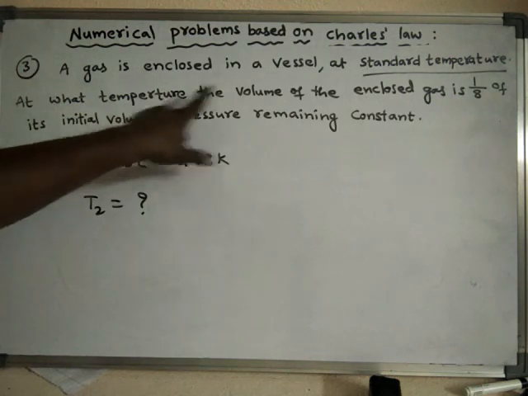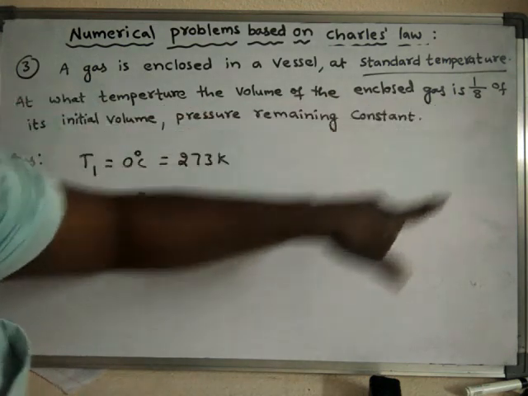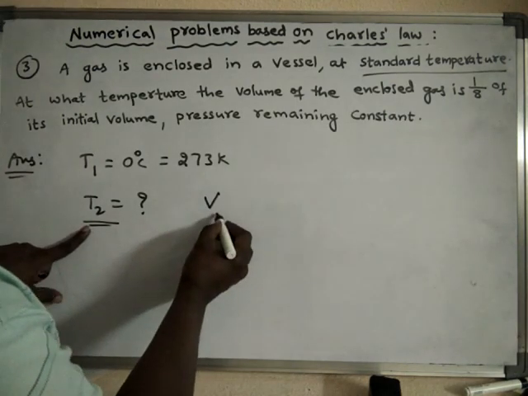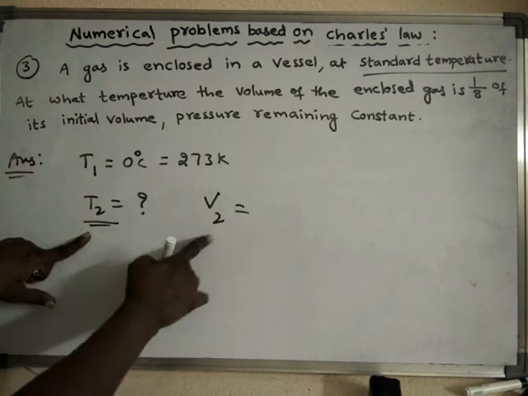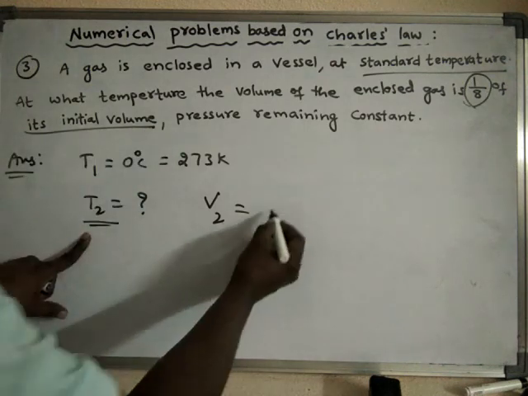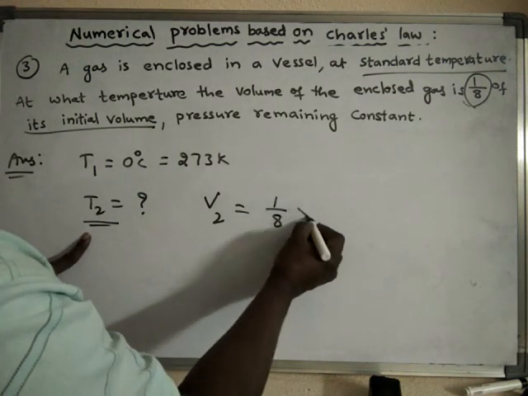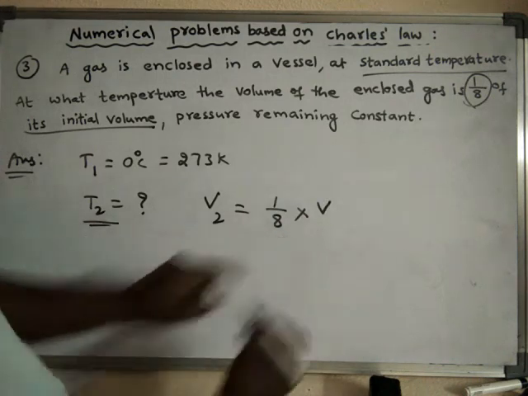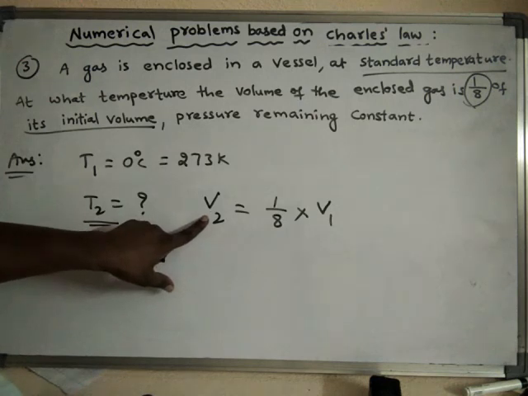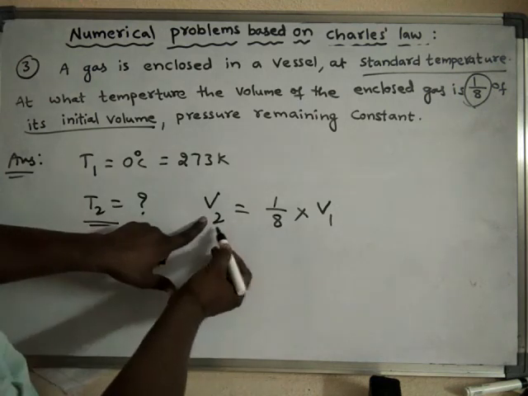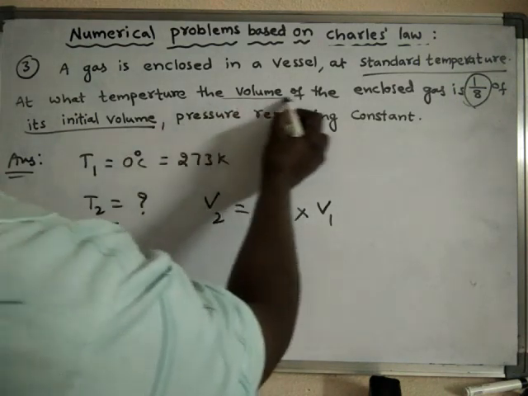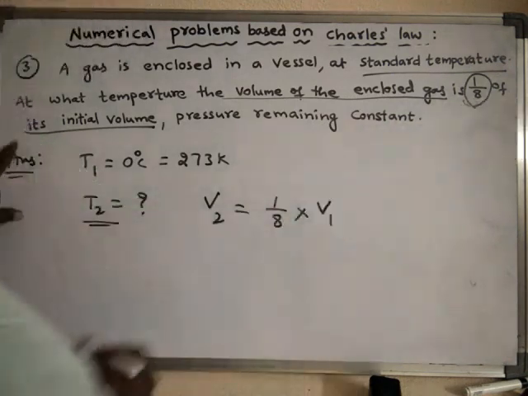At what temperature is the volume of the enclosed gas 1/8 of its initial volume? So if the initial volume is V1, then the final volume will be 1/8 of its initial volume.